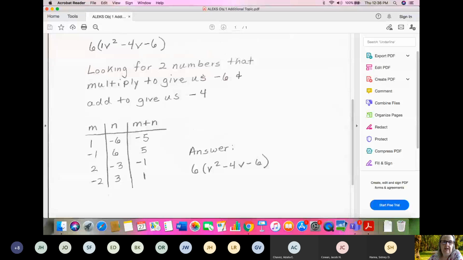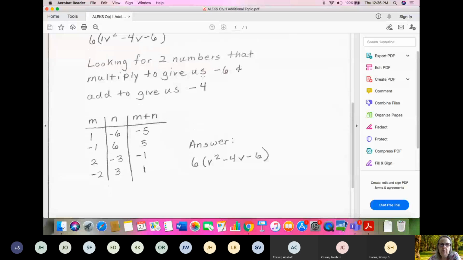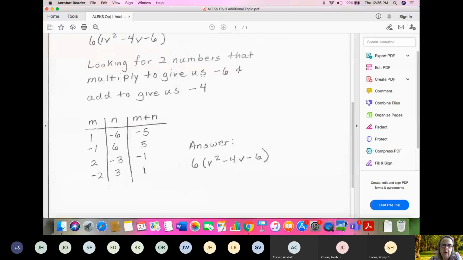So let's see what we can do now and why we're done. We're looking for two numbers that multiply to give us negative 6. If we went up from 2, we would go to 3. We've already dealt with 3 in this column. And if we went up to 4, what am I going to multiply 4 by to get 6?